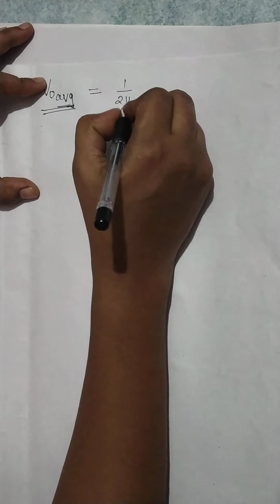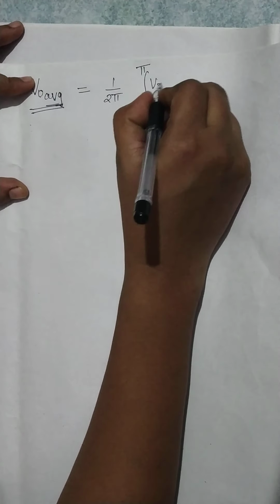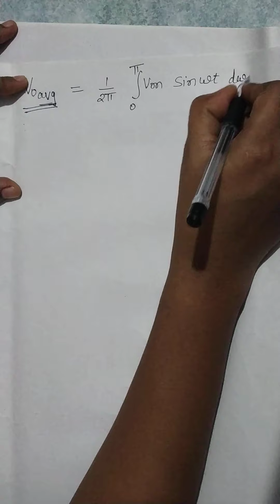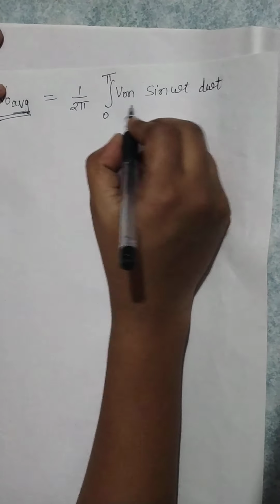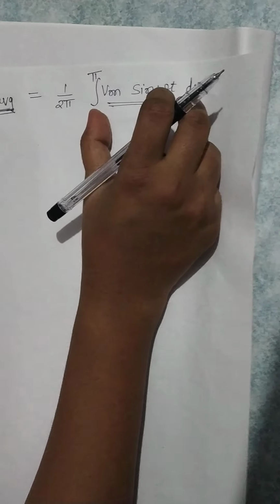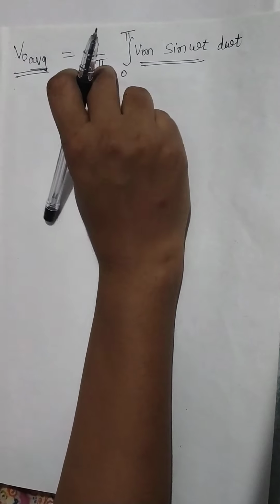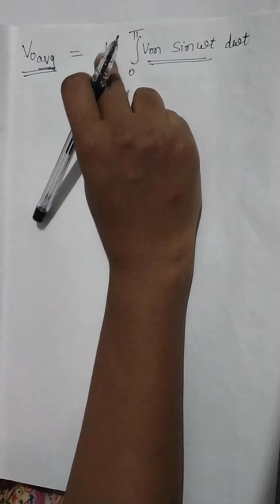The equation is 1 upon 2 pi, integration 0 to pi, Vm sin omega t d omega t. Right? This is the sinusoidal waveform equation. We are integrating this and dividing by 2 pi for the mean value.